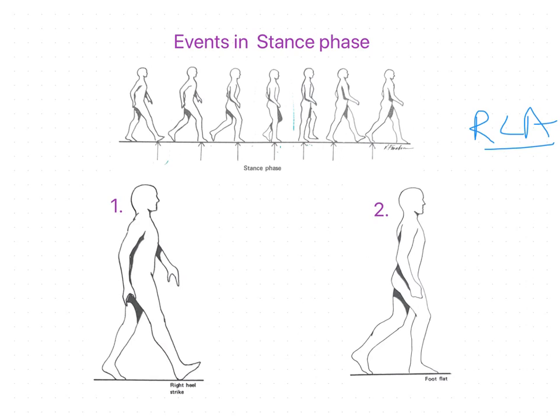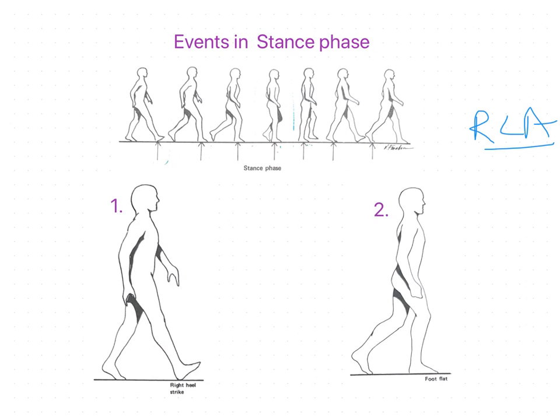These terminologies are related to the events of the stance phase, the events of the swing phase, or any subphases present in the stance phase. There is a difference between the traditional terminology and the RLA terminology.